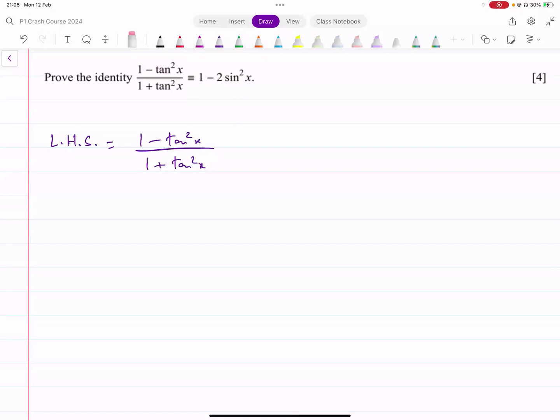And how do we do that? We do that using these two identities that we already know are true. Sine square theta plus cos square theta is identical to 1, and tan theta is identical to sine theta over cos theta.